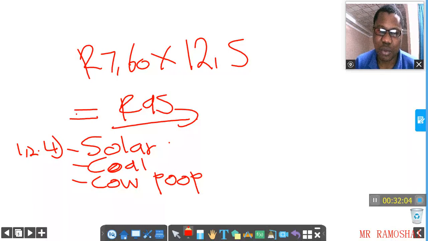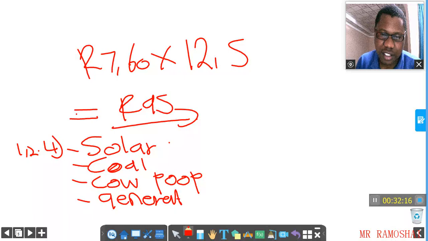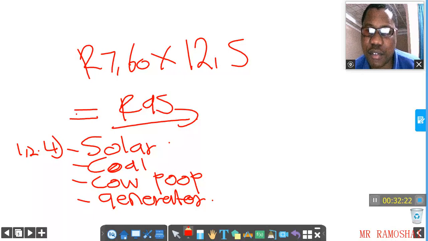People from the villages know what I'm talking about here, right? Another thing, there are people that are not using solar, but some are using a generator, right? So if there is something that I didn't mention here, you can think of something that can be used as a source to cook.